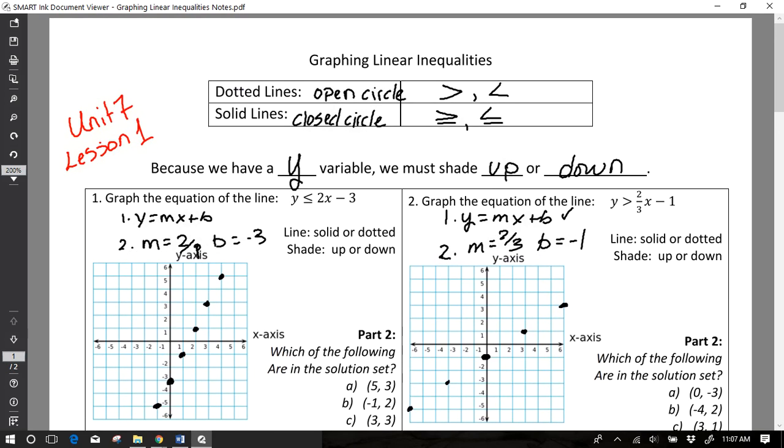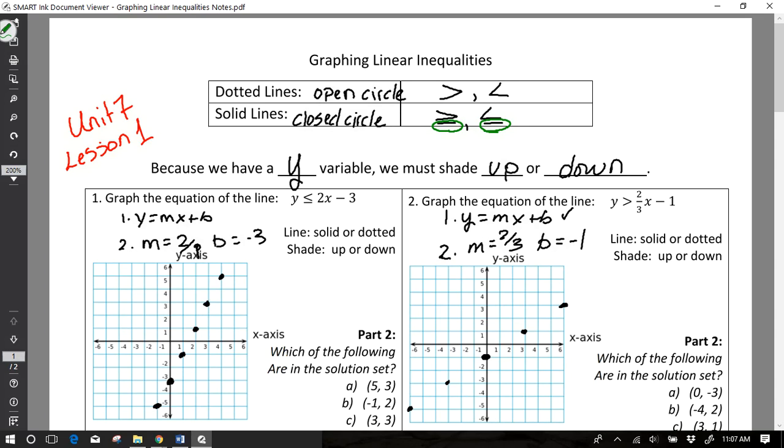So if we look up above here, okay, what is the difference between the inequality that makes the line dotted or solid? And just like it was with the circles, we need to look at, does it have the line underneath? If it has the line underneath, then the line will be solid.